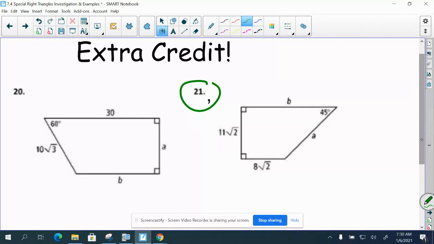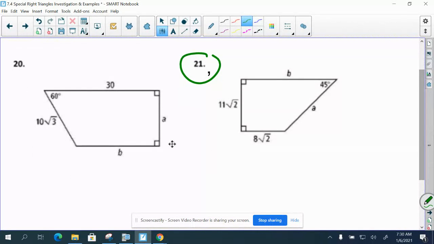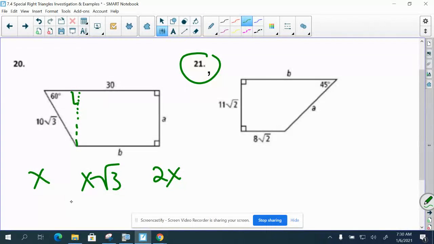All right, so for 20, what I'm going to do here is I'm going to break this diagram up into a rectangle and a 30, 60, 90 triangle. So here, I'm going to set up our chart, x, x square root 3, and 2x. So my hypotenuse is 10 square root 3.